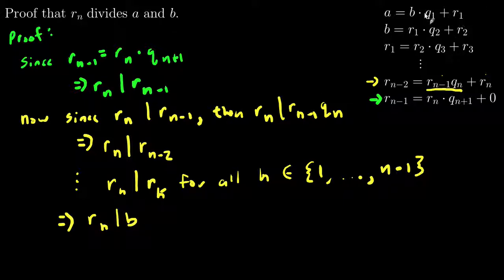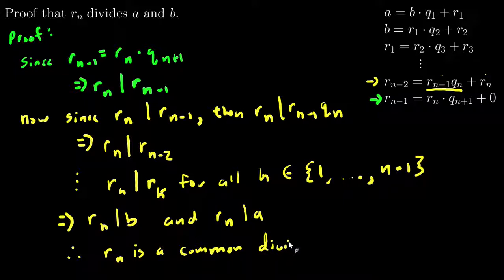If r sub n divides both of those, then r sub n divides a, and therefore r sub n is a common divisor or factor of a and b.